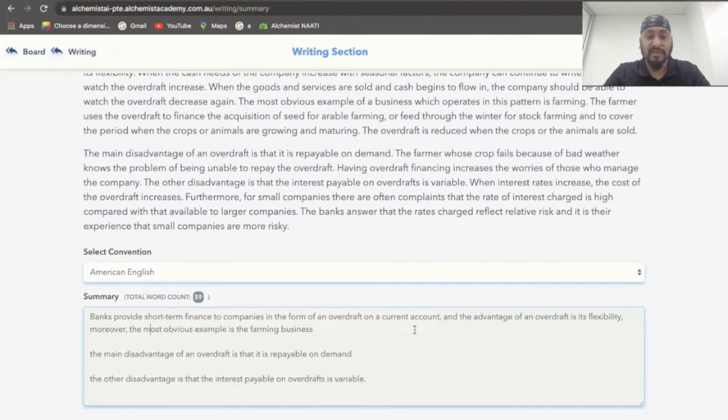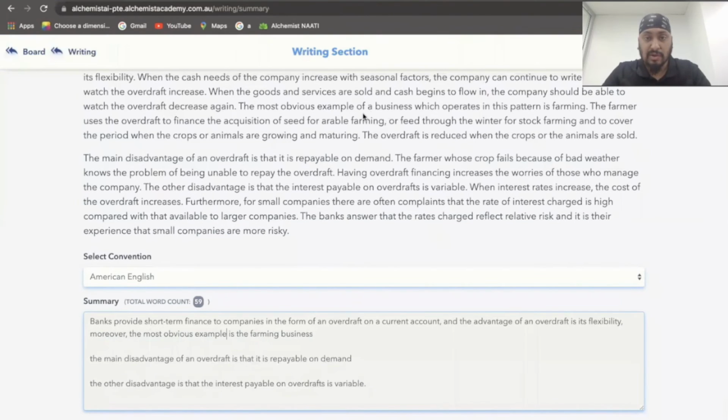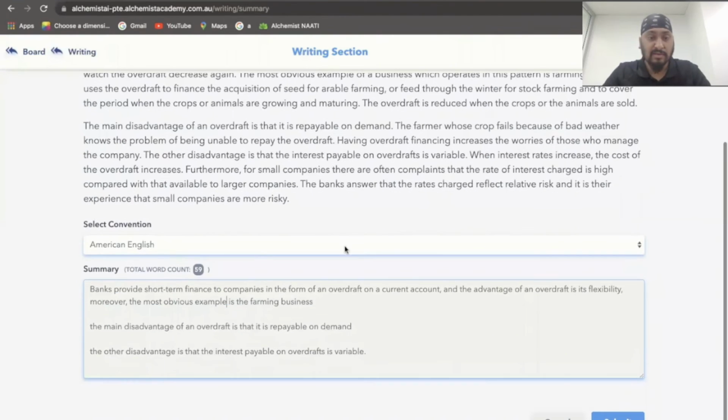The most obvious example of a business that uses this feature, I'm just going to change it, is the farming business.